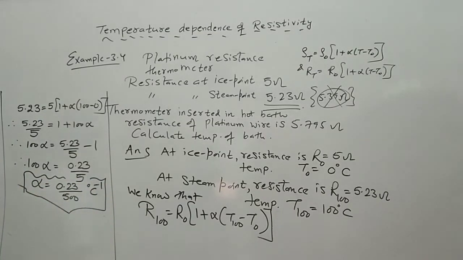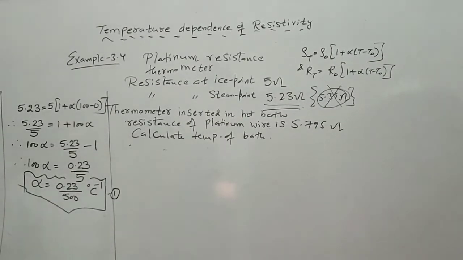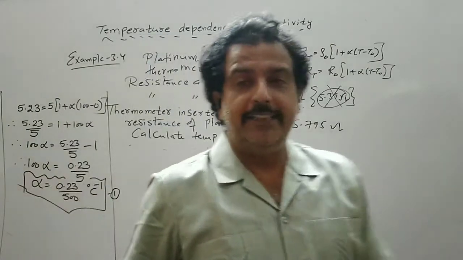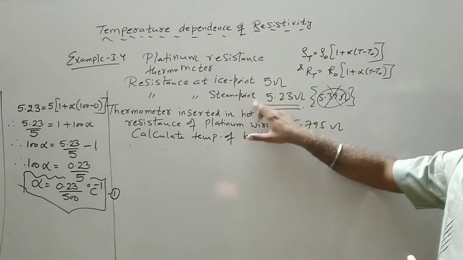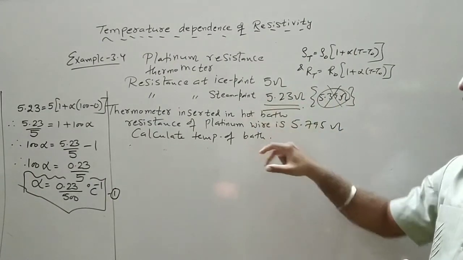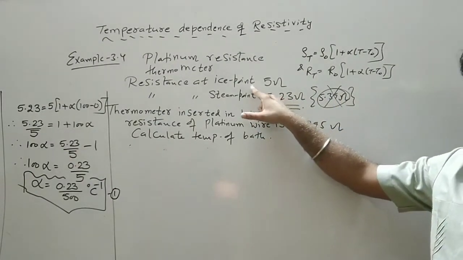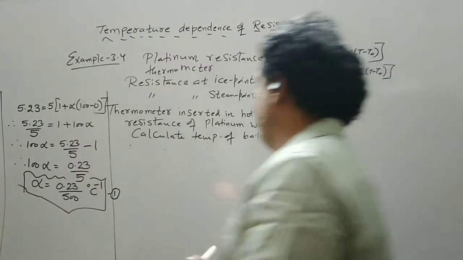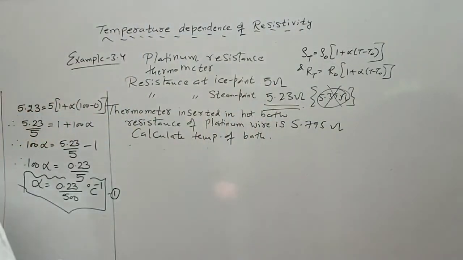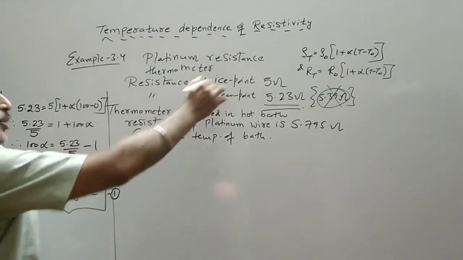So the first step is, using the ice point and steam point, you find out the value of alpha. Now after finding this alpha, I take the reference either as the ice point or the steam point. We know that for the ice point the temperature is 0 degrees centigrade, so it will be better to take the reference as 5 ohms at 0 degrees centigrade.